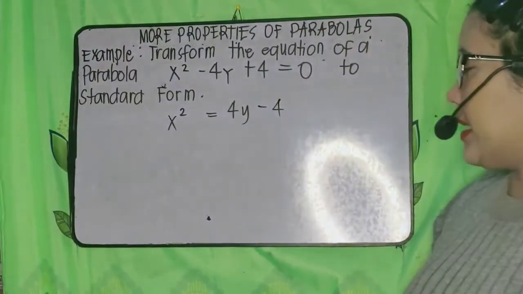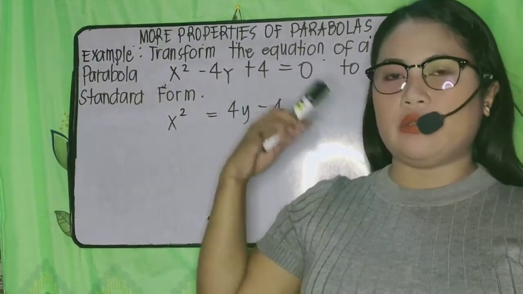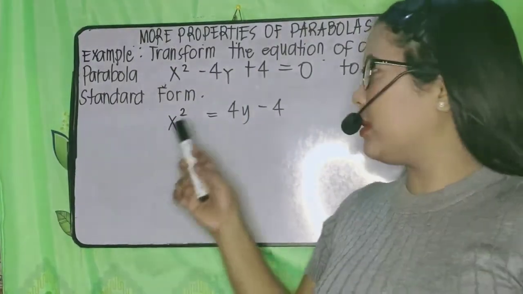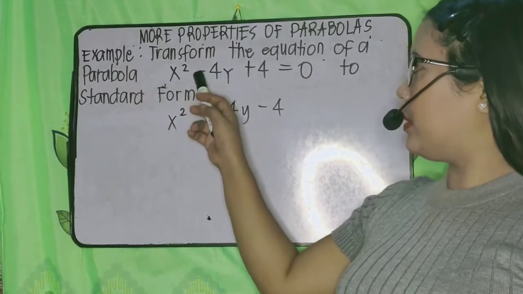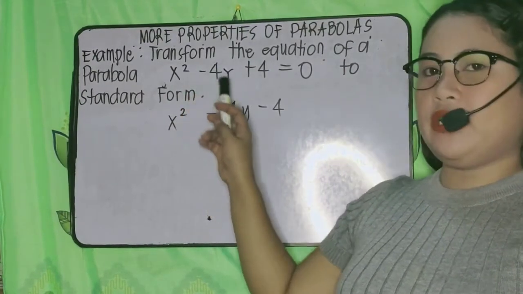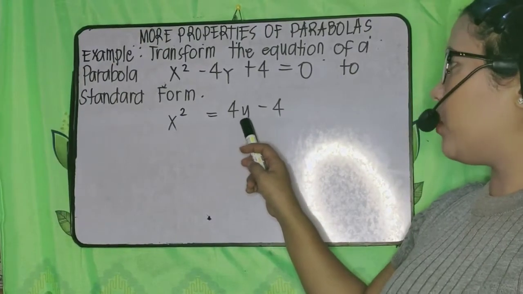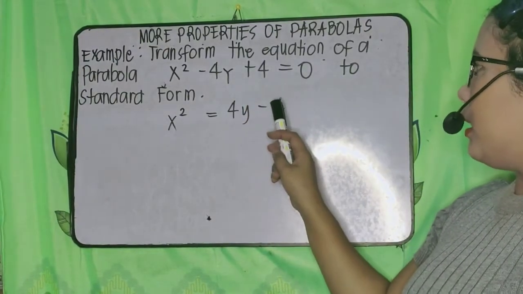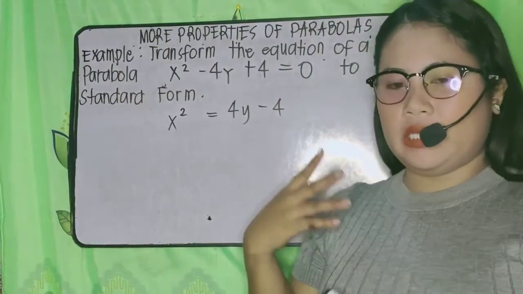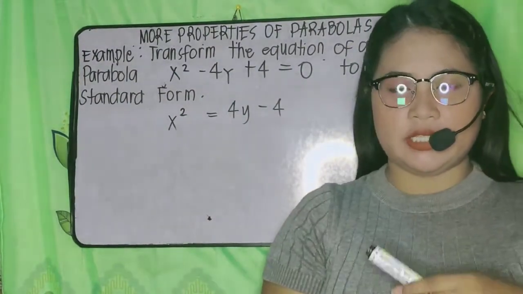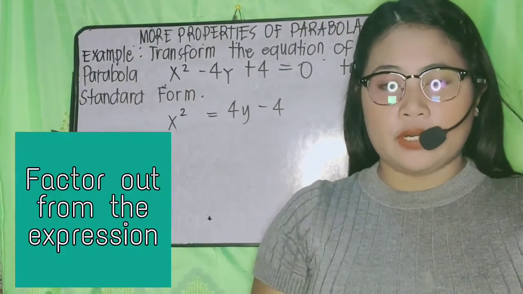Okay, so bakit ginawa ko, nandito yung x squared sa left side, unlike kanina sa first example natin, is because we have negative 4y. So hindi po pwede yung may negative. So therefore, we're going to move the y value to the right side. It will be positive 4y, then positive 4 becomes negative 4. Okay, so after moving the expression to the right-hand side and changing its sign, we're going to factor our expression.